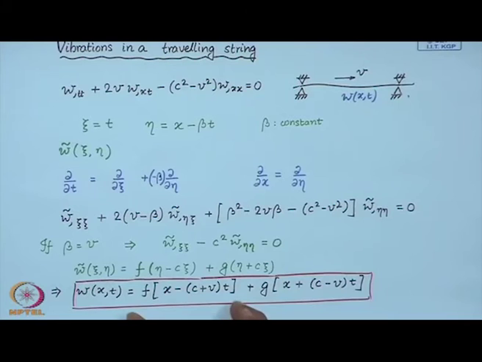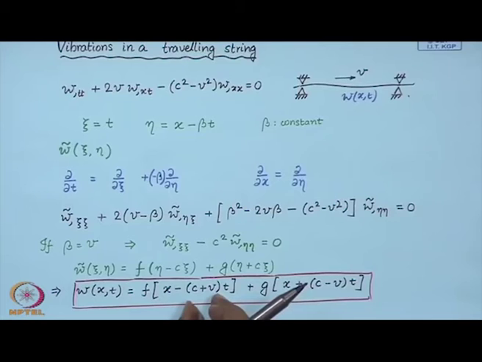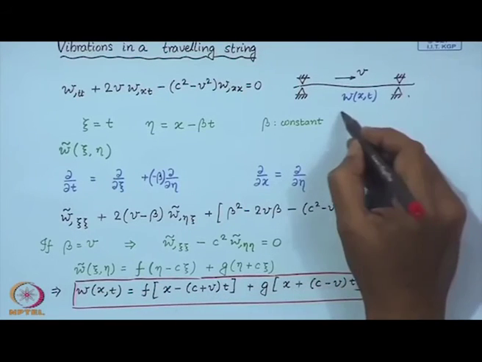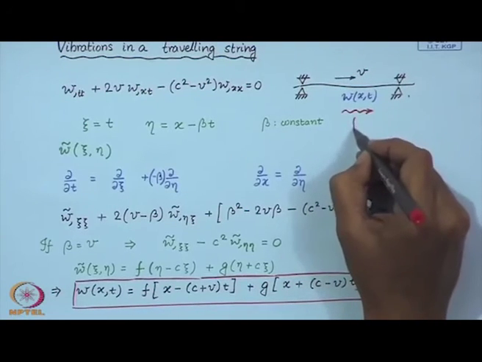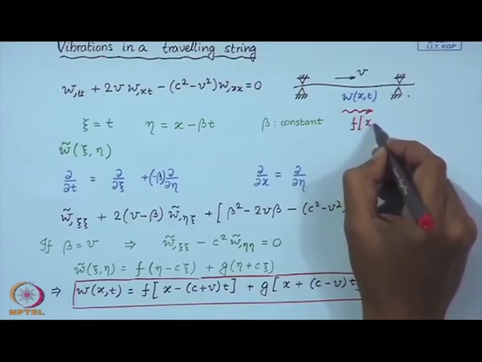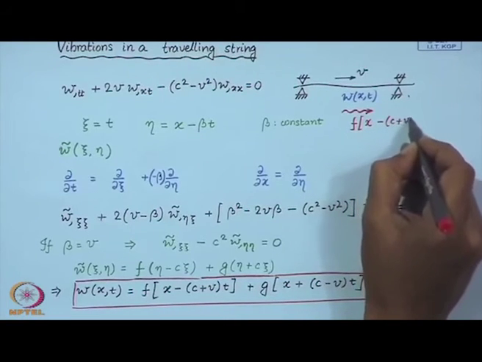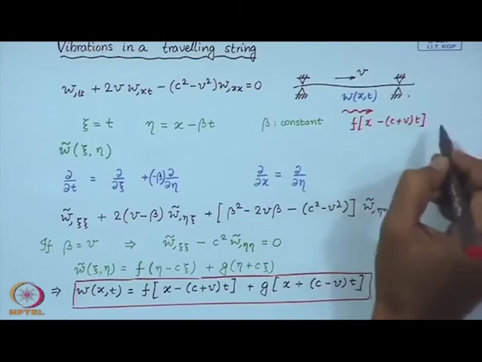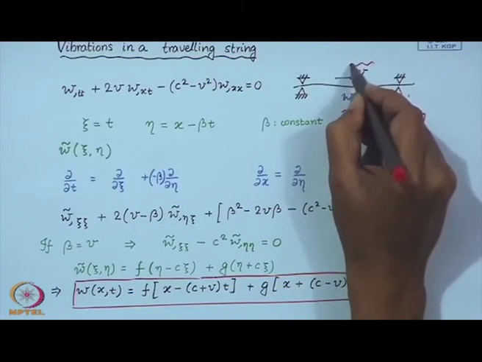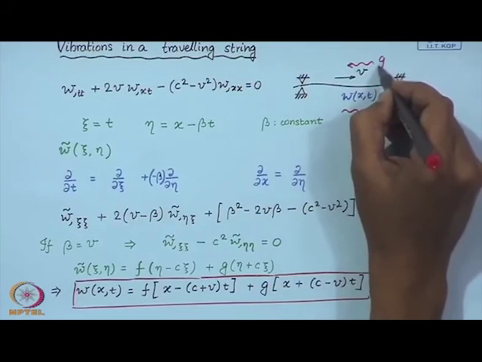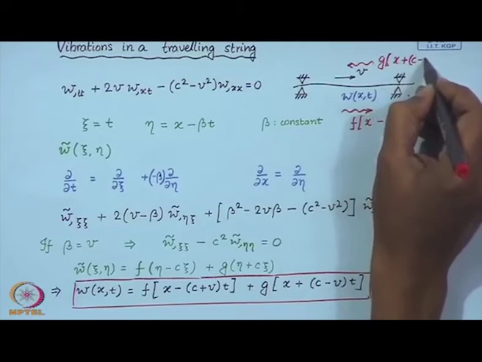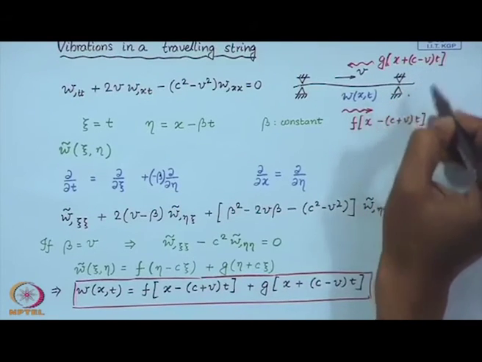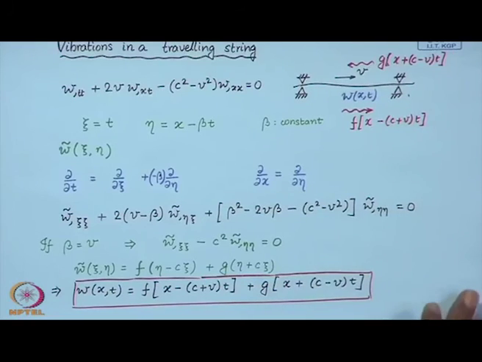So, now you can see that there is a positive travelling wave whose speed is c plus v, so there is a positive travelling wave with speed c plus v, and there is a negative travelling wave with speed c minus v in the string.